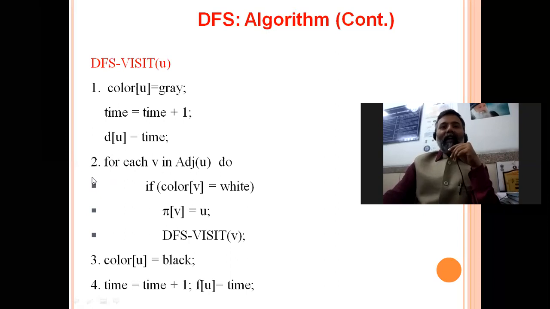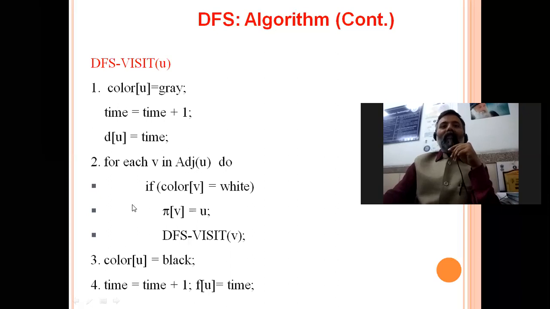And then for all the adjacent nodes of that discovered node u, we will check whether its color is white or not. If the color is white, then u will be the parent node of that adjacent node, and the DFS visit function for that adjacent node will be called.